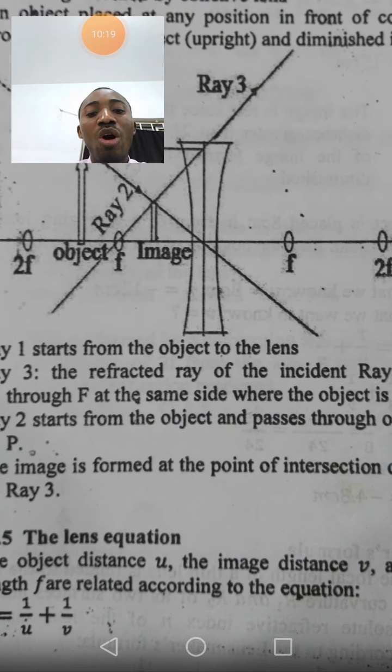A concave lens is a diverging lens. So it doesn't matter where you place the object, the image is always a virtual image. At least you cannot see the image on the screen. You're going to see it through the lens itself. Alright? And then it will be diminished, and it should be upright.